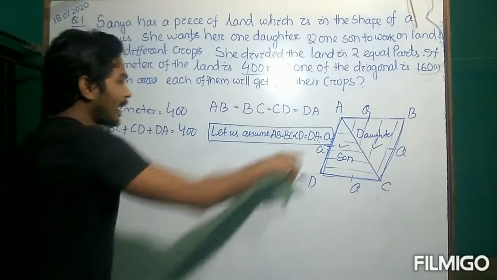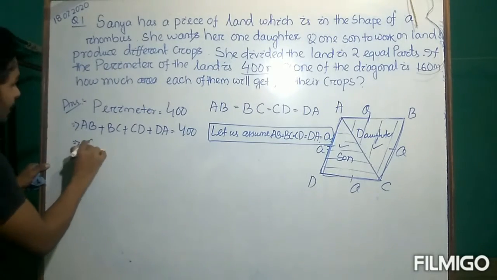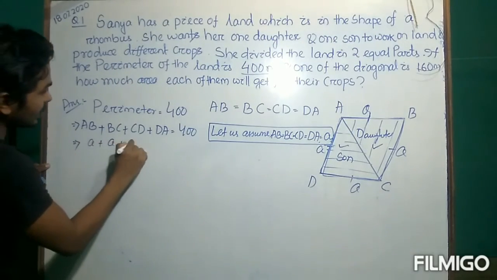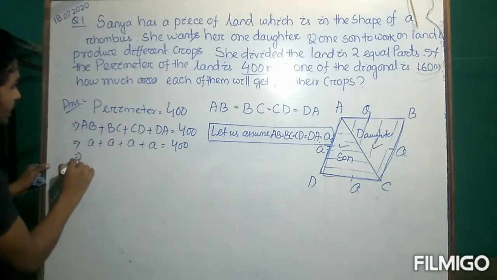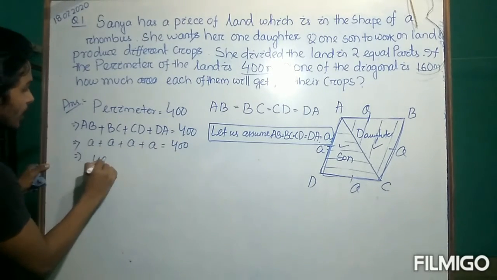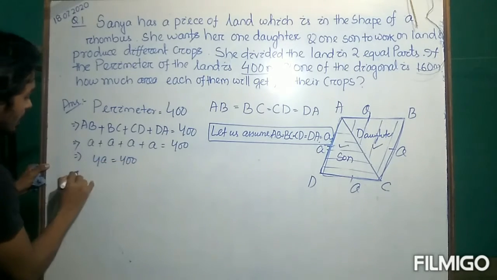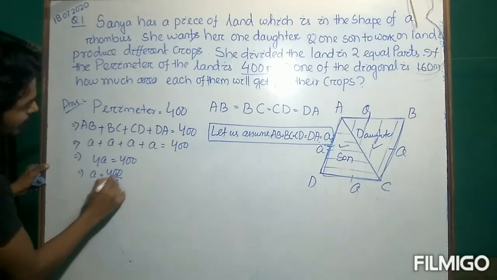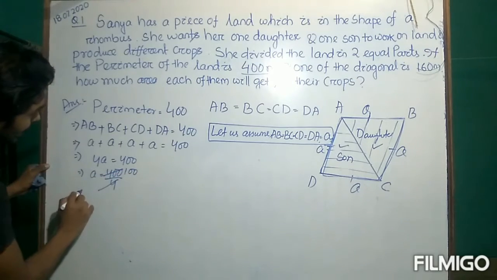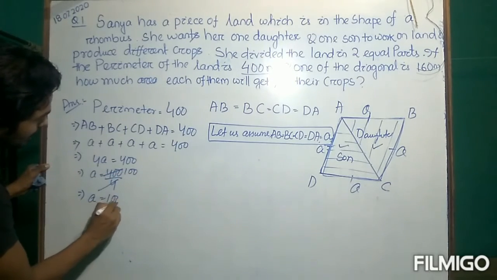Now let us put this value in the equation. AB is A, BC is A, CD is A and DA is A. That is 400. So A plus A plus A plus A is 4A is 400, and A is 400 by 4. After cancellation, it gives A is 100 meters.